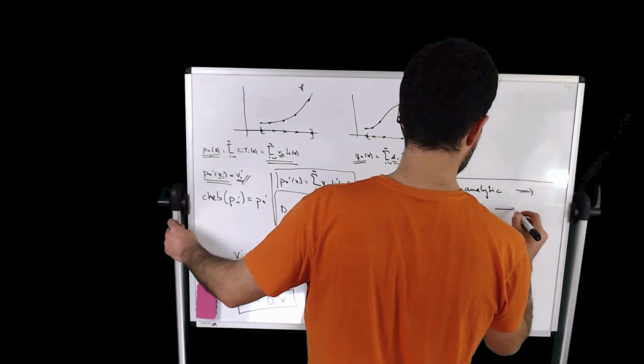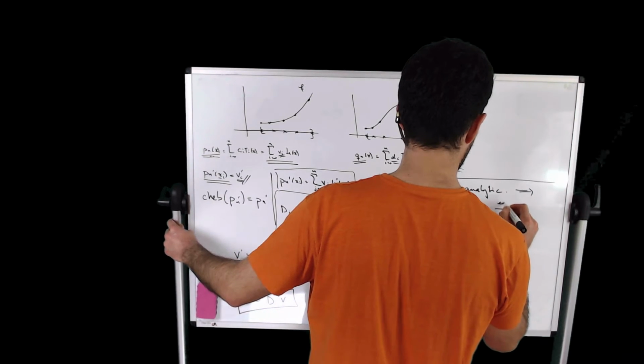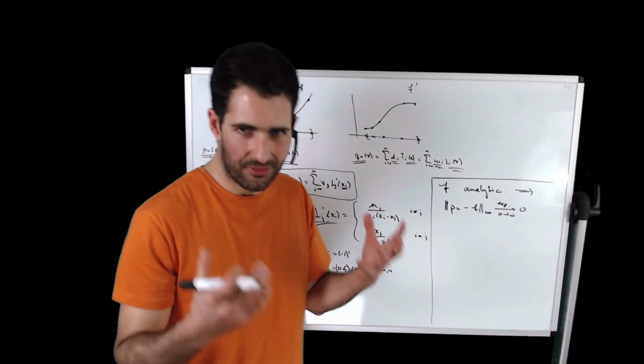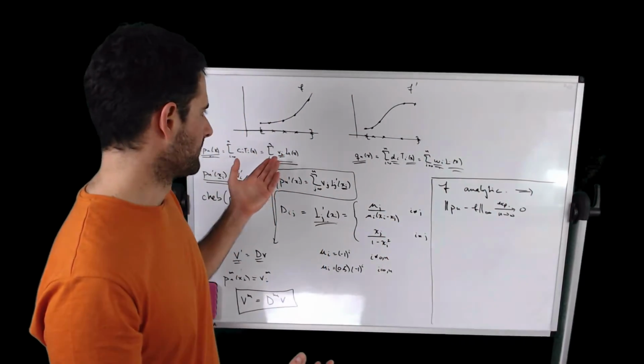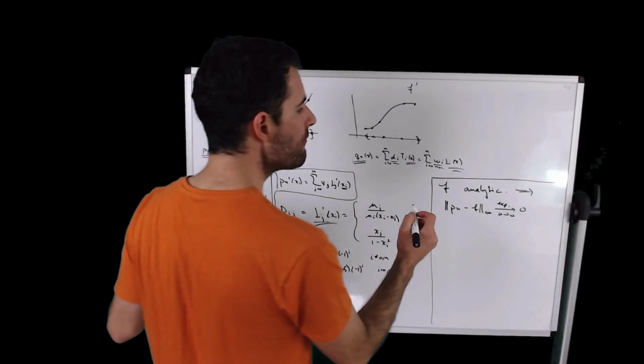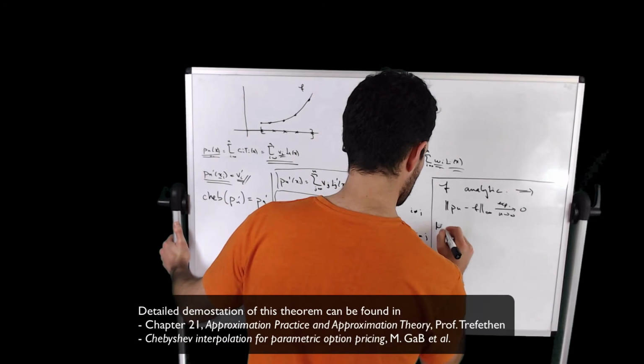This converges to 0 as n tends to infinity, and it converges exponentially. And this, of course, as you already know, lies at the core of Chebyshev approximation theory and the applications that we're interested in.